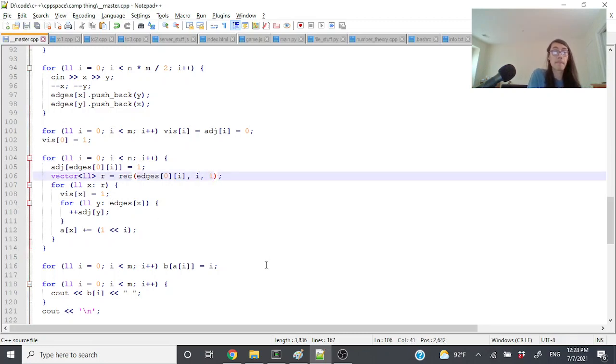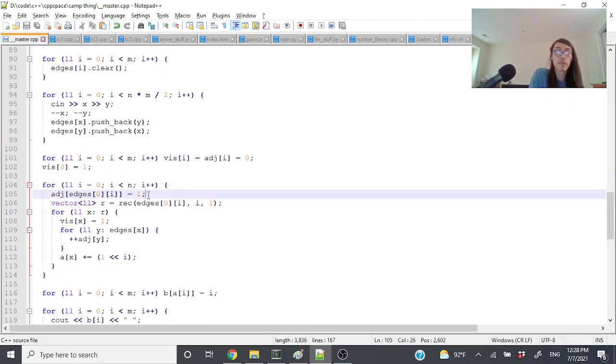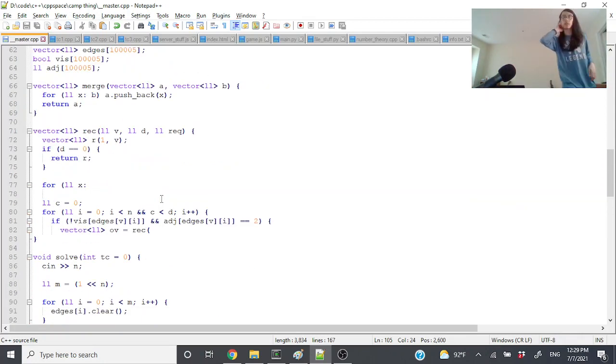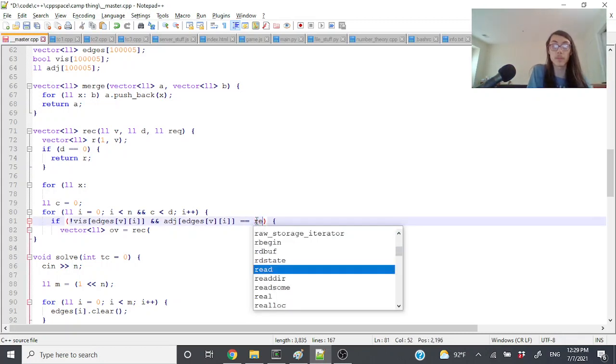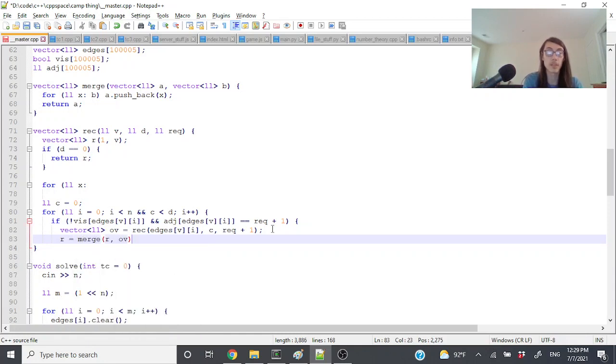One. Do like plus plus. So now we're going here. So it shouldn't be 2. It should be specifically the requirement plus 1. Then we recurse into that vertex with the depth of C and the requirement plus 1. R is equal to merge R OB.